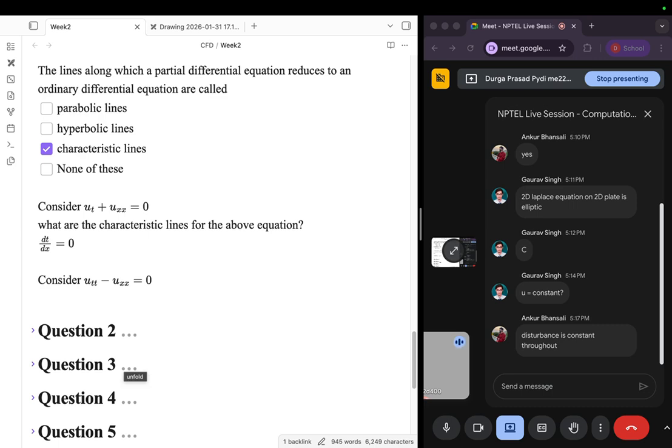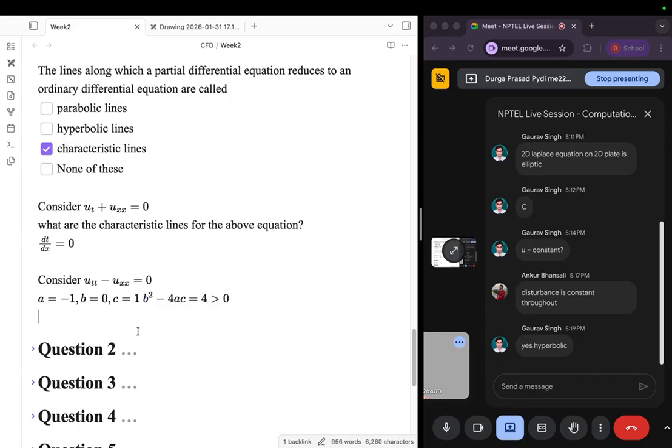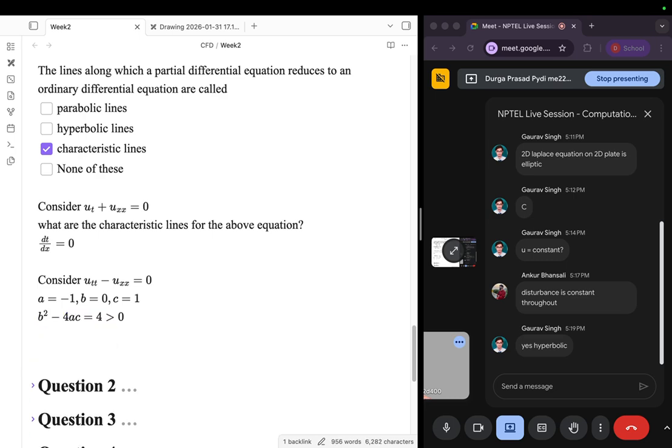Check and confirm yourself that this is hyperbolic. Yes, hyperbolic.